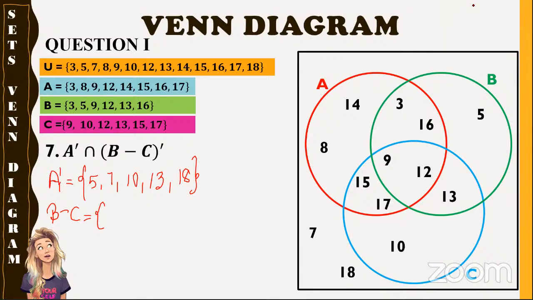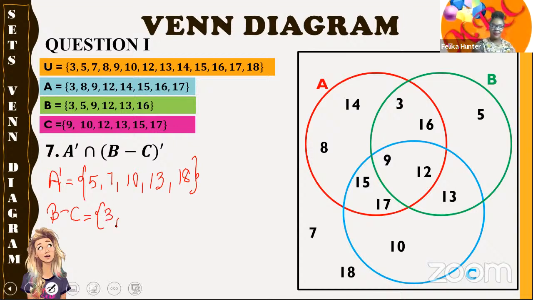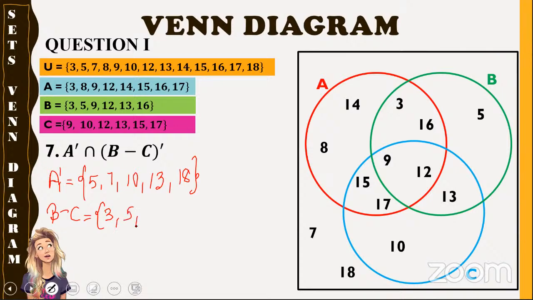So when you take away C from B, you're going to have a 5. Is 5 the smallest one? Miss, 3. Mm-hmm. 3, 5, mm-hmm. 10, 15, 16, 17.